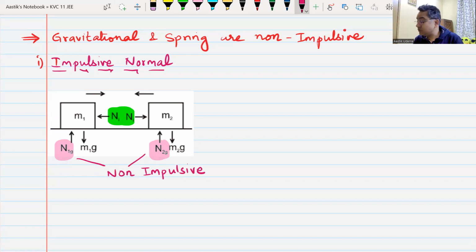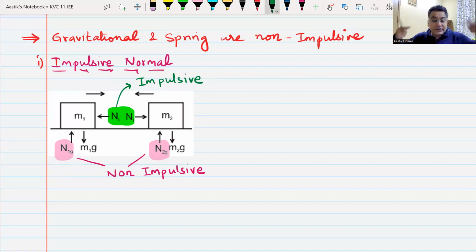Whereas the one between the two bodies is impulsive, and you can see it exists in a pair. Whatever impulse this one creates, the other force creates the same impulse. As I told you, impulsive forces will always occur in pairs. So you can see the green pair, the pair of two impulsive normal forces. Do we understand this? Yes or no?